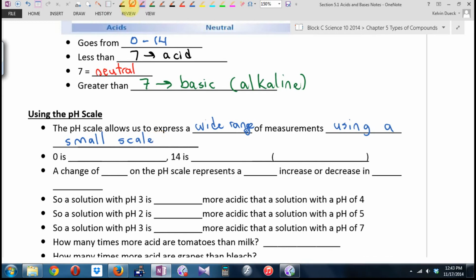So we have 0 is most acidic. 14 is least acidic, but what's the opposite of acid? Begins with letter B. So you can also think of it as it's the most basic or the most alkaline.